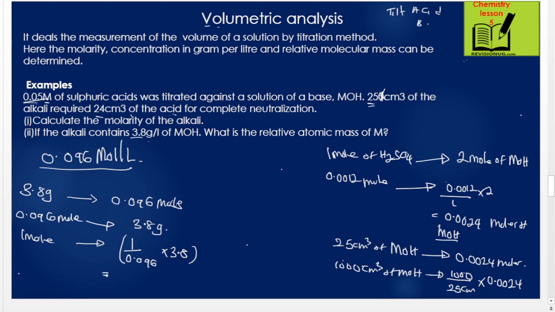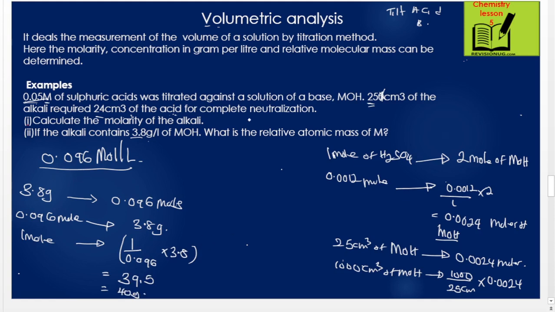Let us compute this: 1 divided by 0.096, times 3.8. We are getting 39.5, which is roughly 40 grams.